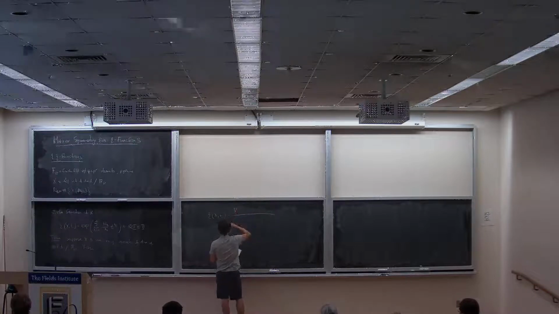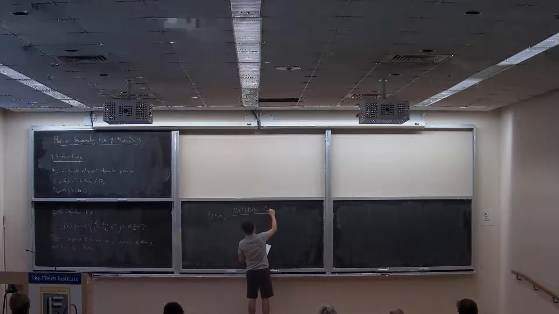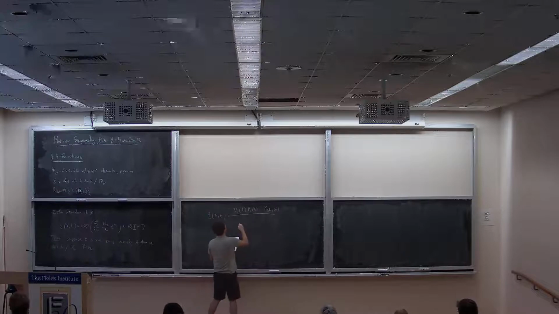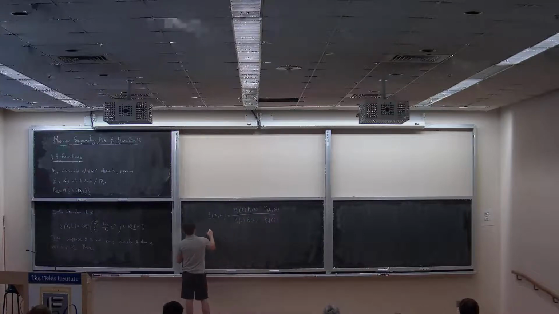In the numerator, you have a product of polynomials P_1(t), P_3(t), and so on until P_{2d-1}(t), where d is the dimension of the variety. And in the denominator, you have P_0(t), P_2(t), so all the even ones, up to P_{2d}(t), where we know a little something about the form of these polynomials.